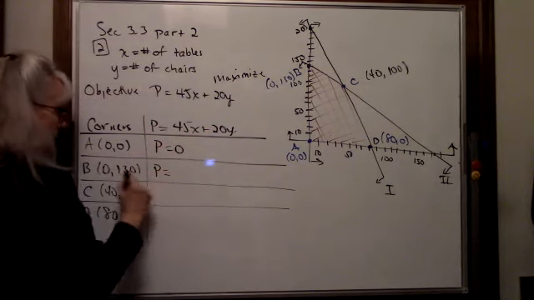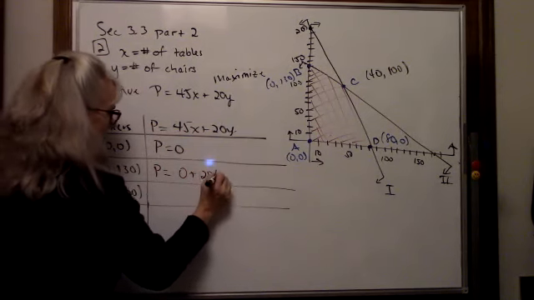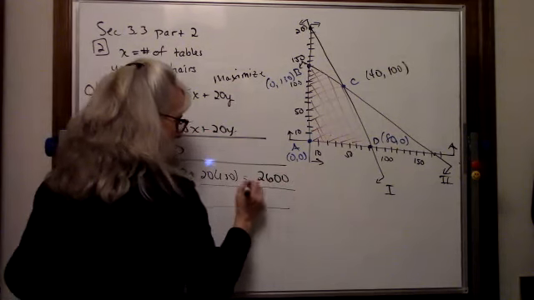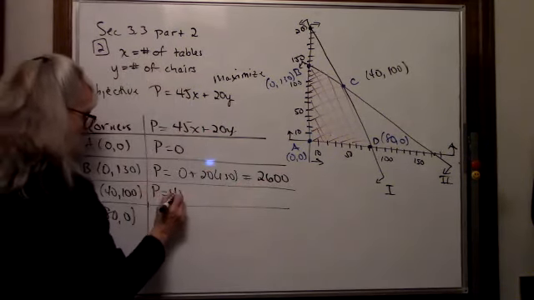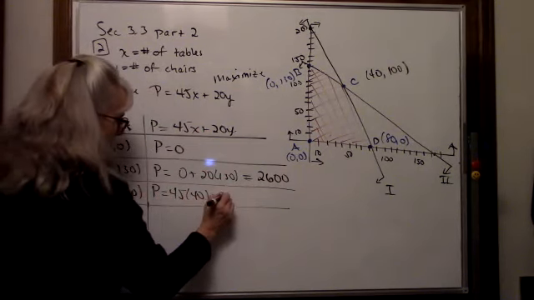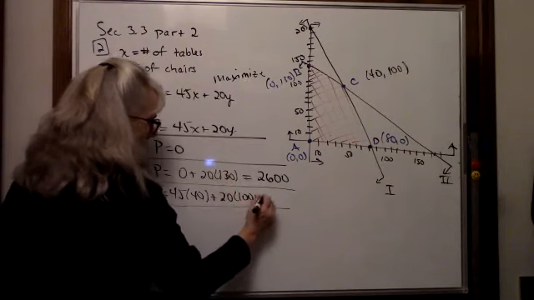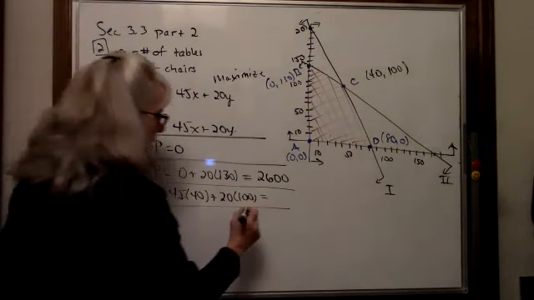Over here, 0 for the x, so 0 plus 20 times 130. That's 26 with 2 zeros, so 2,600. For this one, we'll have 45 times 40 plus 20 times 100, and that's 3,800.